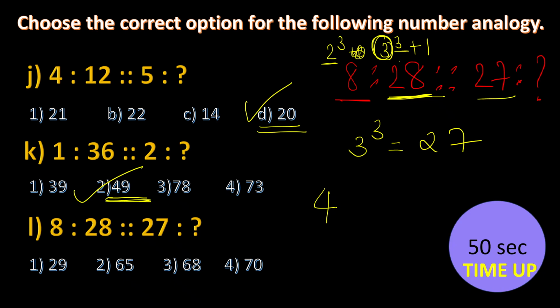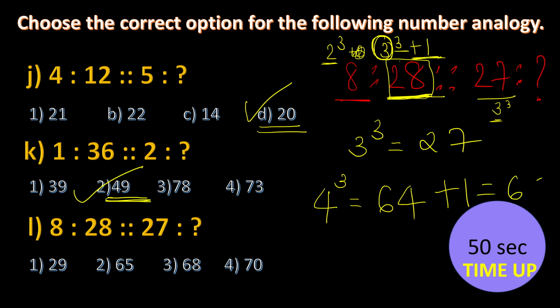So similarly, if this is 3 cube, after 3 what will come? 4. So 4 cube I will do, which is 64. But here what we had done, 3 cube plus 1 we had added, then only you had got 28. Similarly, same logic we will apply here. 4 cube is 64 plus 1 I will apply, which will give you 65. So answer is 65. Okay.